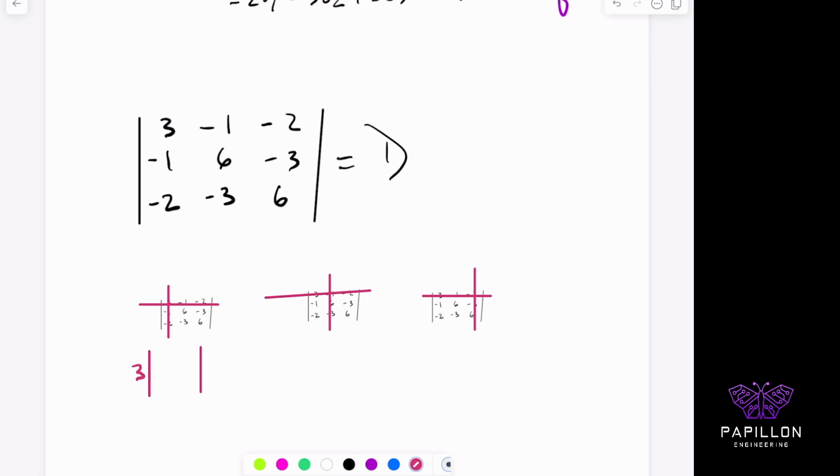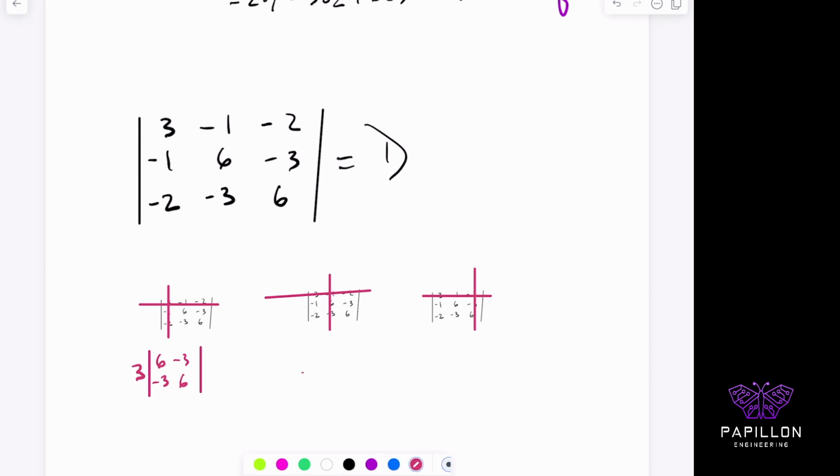2x2 matrix, so much easier. And that 2x2 matrix that's left is 6, minus 3, minus 3, and 6. Where did I get that from? Here are my 4 remaining numbers: 6, minus 3, minus 3, 6. And the same strategy for the next one here.